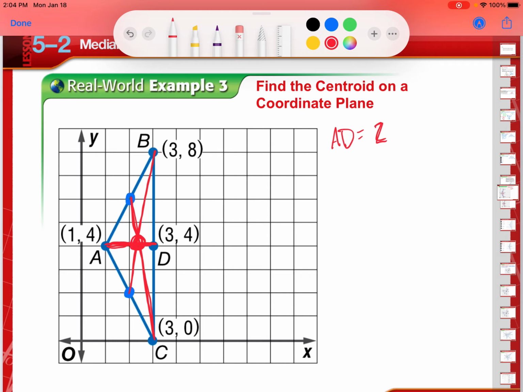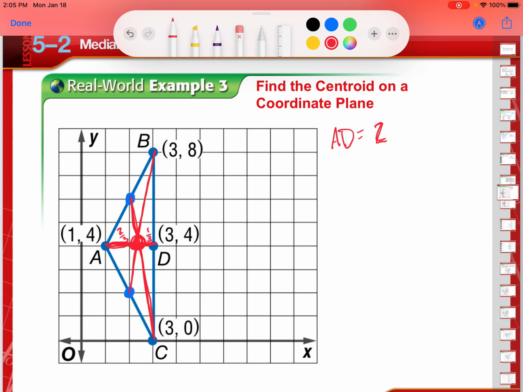And then we have to find 2/3 the distance from A, or 1/3 the distance from D, because this is 2/3, this is 1/3. Now, this is where it gets to be a mess when we have to do it longhand, because we're going to have just a nasty point here. But that's okay.